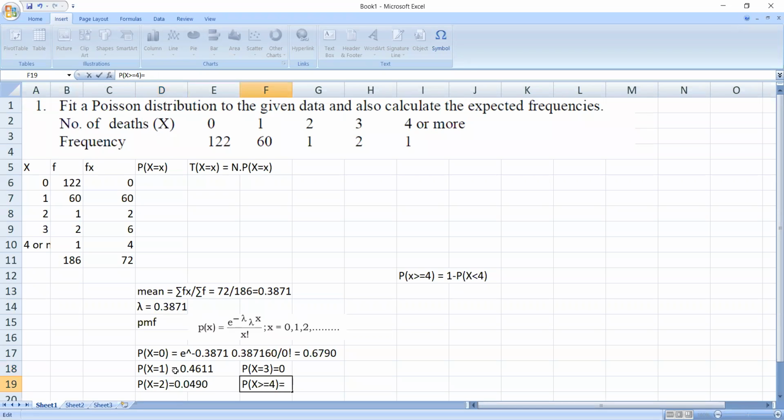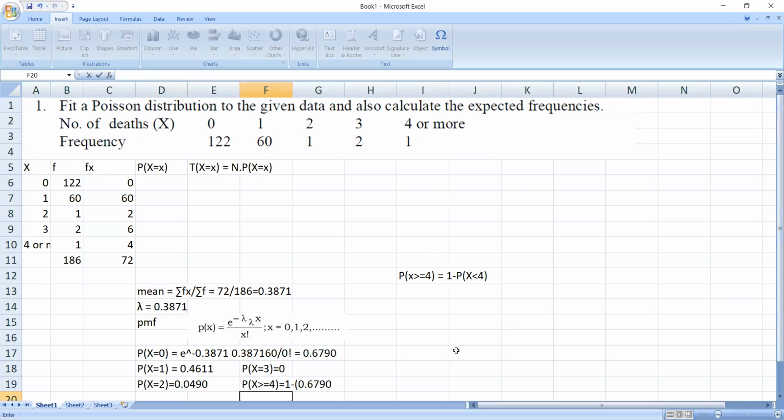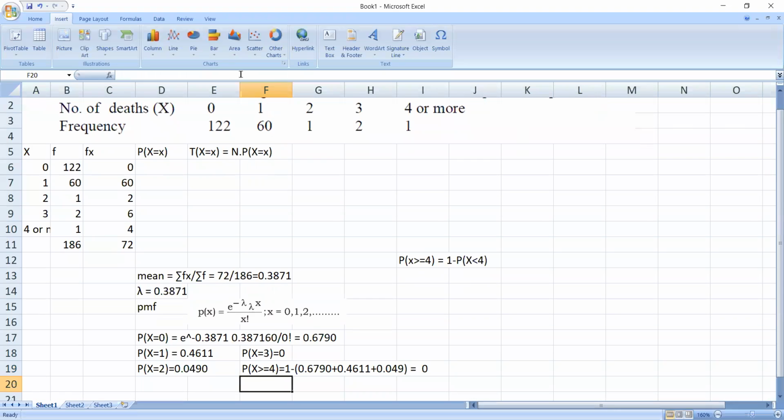For P of x greater than or equal to 4, it is 1 minus the sum of 0.6790 plus 0.46.